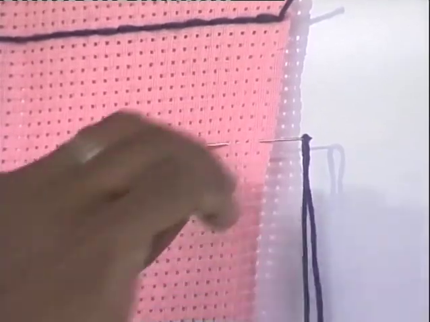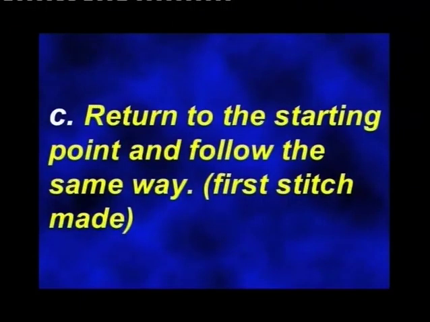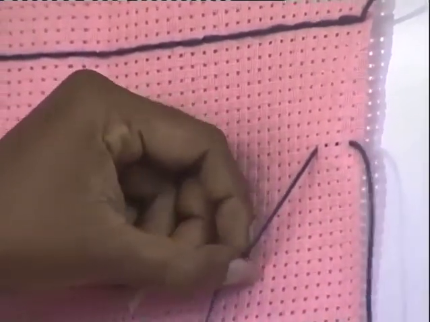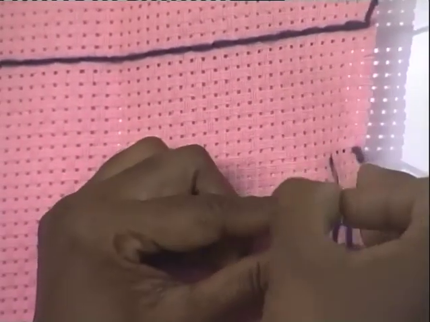Now let's see our step 3. What does C say? Return to the starting point and follow the same way. Okay, return to the starting point. Now I'm pulling it through. I have to return to the starting point.